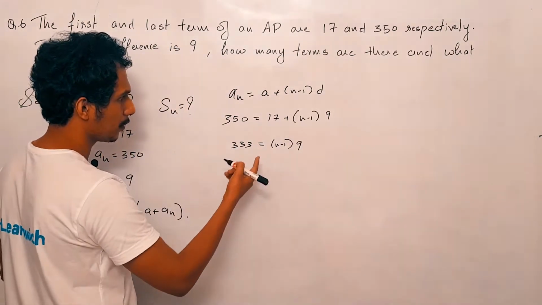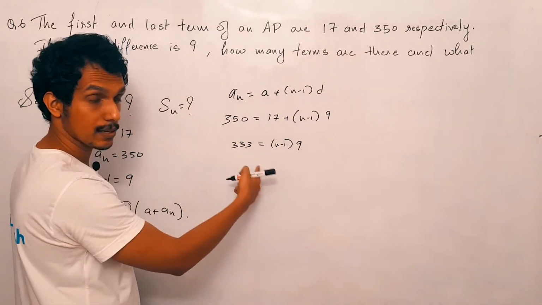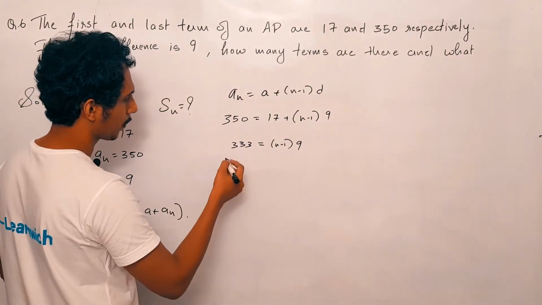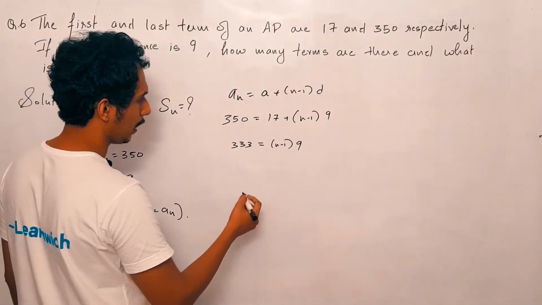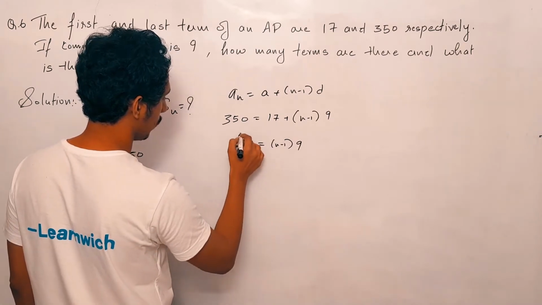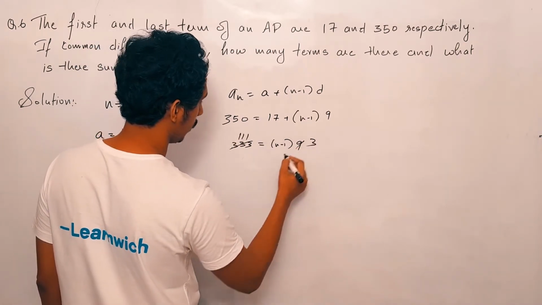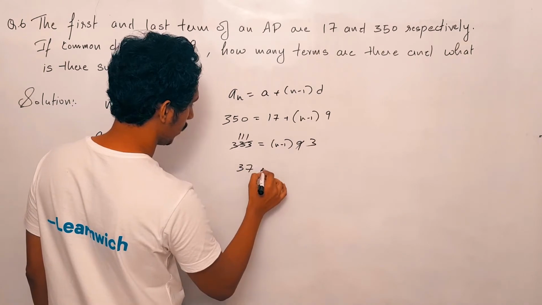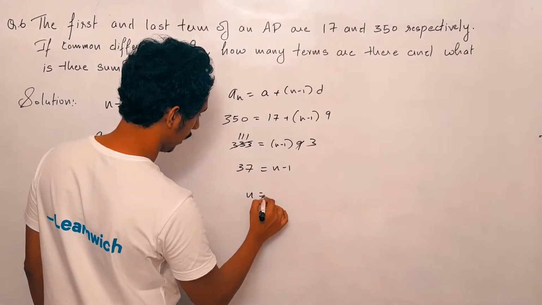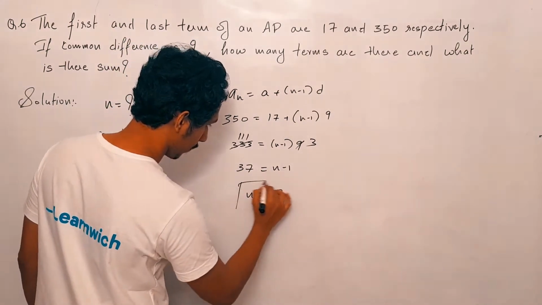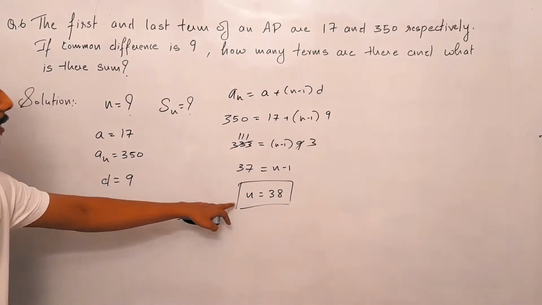This is divisible by 9, since 3 plus 3 plus 3 is 9. Let's divide by 3 and check. This will be 111, this will be 3. So 3 times 3 is 9, 27, n minus 1 is 37, so n is equal to 38.